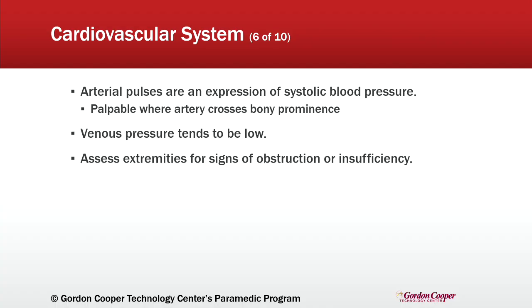So arterial pulses are a physical expression of the systolic blood pressure and are palpable whenever the artery crosses a bony prominence. Venous pressure tends to be low and does not assist in promoting systemic blood pressure. When assessing the extremities for signs of venous obstruction or insufficiency, you should look for venous engorgement.